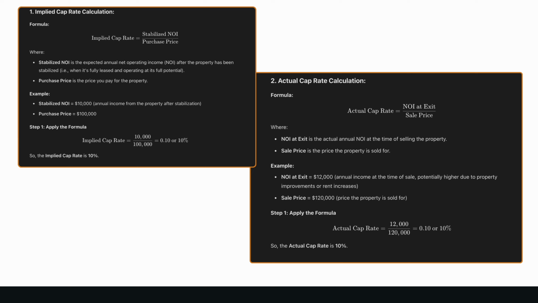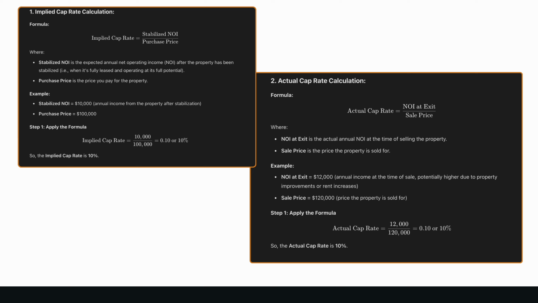For the actual cap rate, the formula is net operating income at exit divided by sell price. This is calculated at the time of final true-up. Net operating income at exit is the actual annual net operating income at the time of selling the property, and sell price is the price the property is sold for.